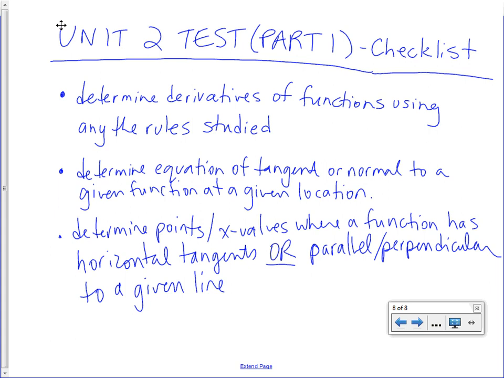If you've done the homework, you've seen some of that scenario where I say, find the locations where this function is parallel to the line y equals 3x plus 5. Well, what does that mean? It means I need to figure out wherever my derivative has a slope of 3. You set it equal to 3. Instead of setting it equal to 0, you set it equal to the slope.